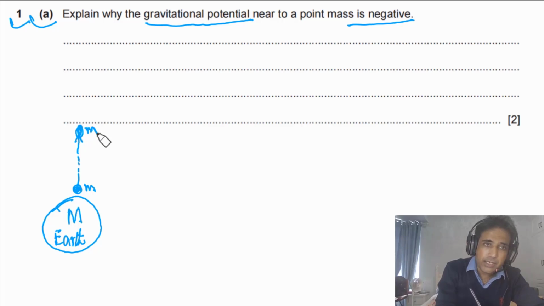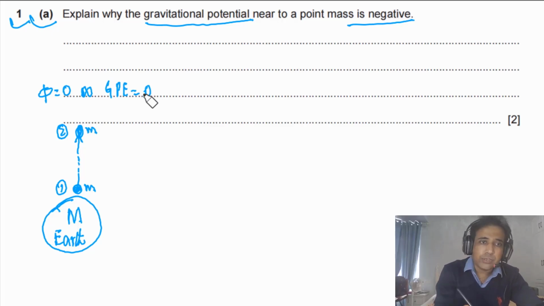So let's say it is at this point. We can say this point is 1 and this point is 2. We can take another point at infinity. At infinity we assume potential is equal to 0. So GPE at infinity is also equal to 0.